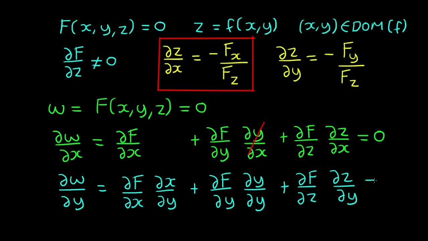And on the right hand side we have 0. So again, by taking the partial derivative with respect to y, x is held constant. So this partial derivative is 0. And the partial derivative of a function y with respect to y is 1. So this derivative is 1. And subtracting the partial of f with respect to y from both sides, and dividing through by the partial of f with respect to z, gives this result.